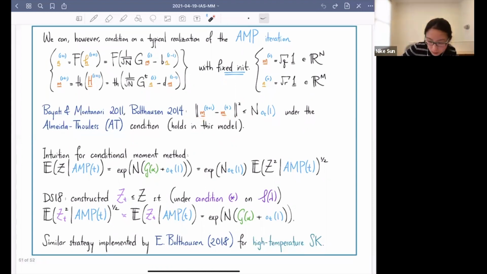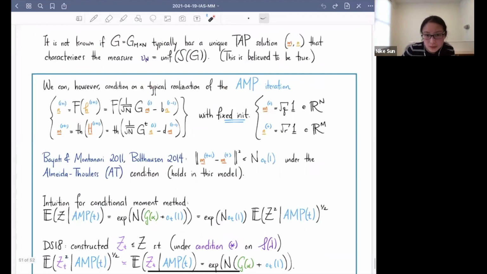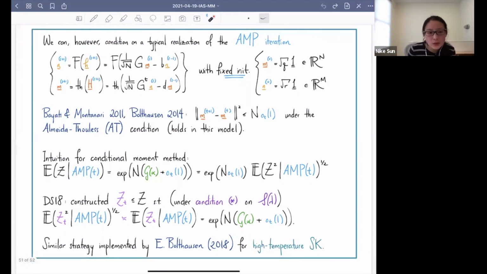So this is a more rigorous version of what we believe to be true but don't know how to show. Based on that, a natural idea for a conditional moment method is to take the expected number of solutions, but conditioned on the realization of this TAP iteration, this AMP iteration.